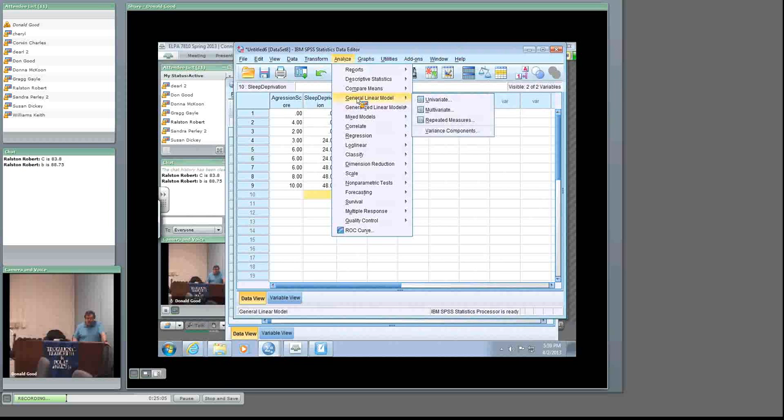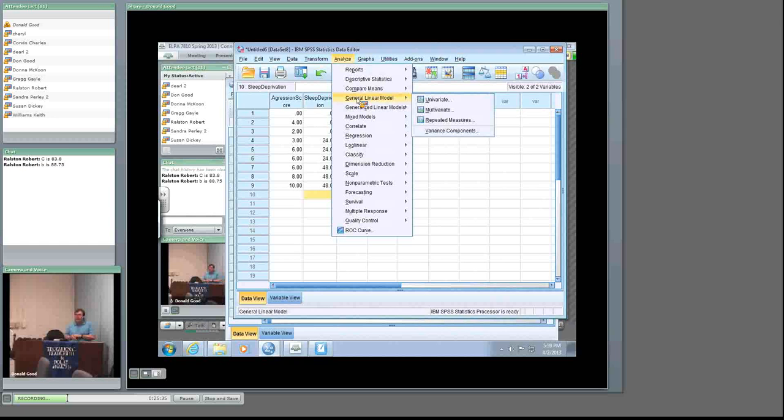General linear model. And I've got a couple options over there. I've got univariate, multivariate, and repeated measures. I'm going to pick the univariate option. That's for a one-way ANOVA. If I were doing a multivariate ANOVA, I would pick the multivariate.